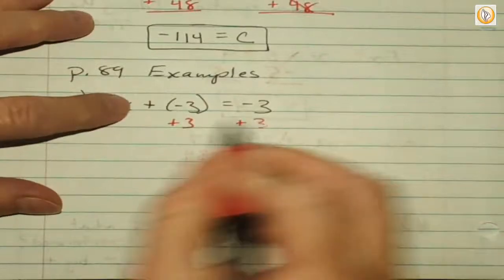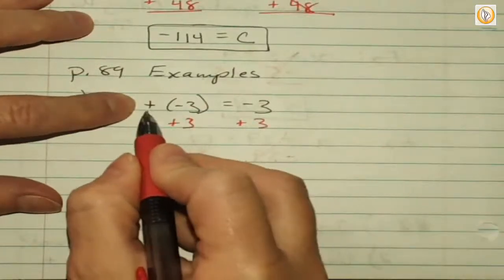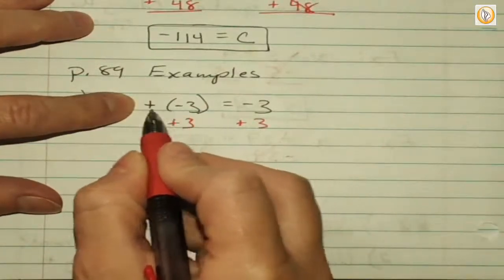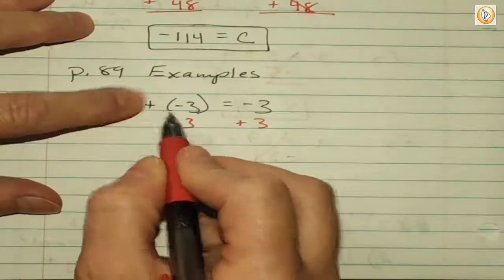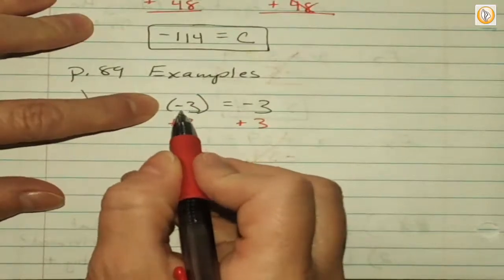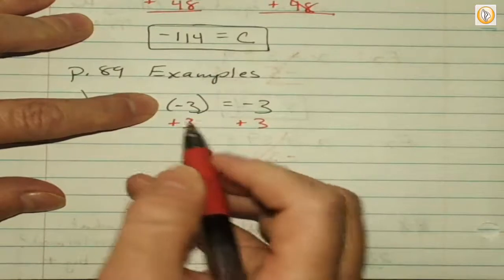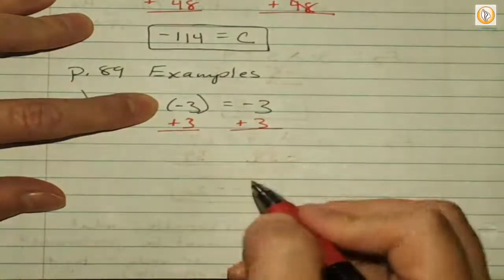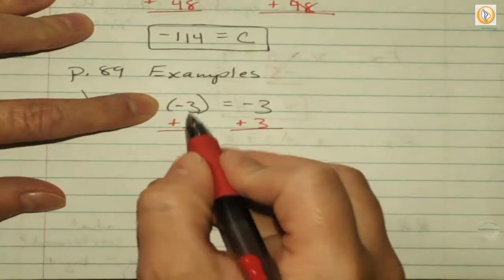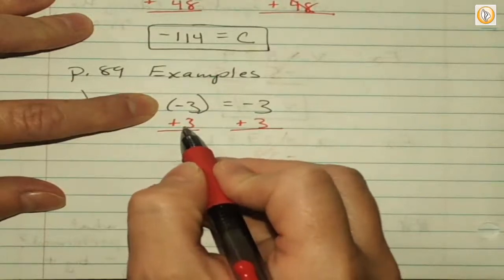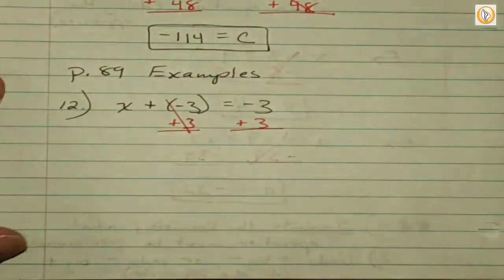On both sides. Don't let this fool you. That is confusing, yes? It's the sign right in front of that number that we're looking at. That's why I covered it up. The opposite of minus 3 is positive 3. That cancels out.